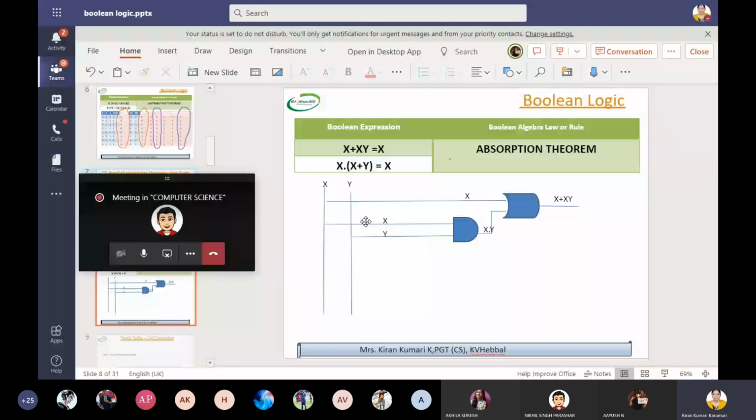Got it, children? In a similar way you can draw x dot x plus y equal to x also. Similarly, you can take from the same vertical lines, x and y.